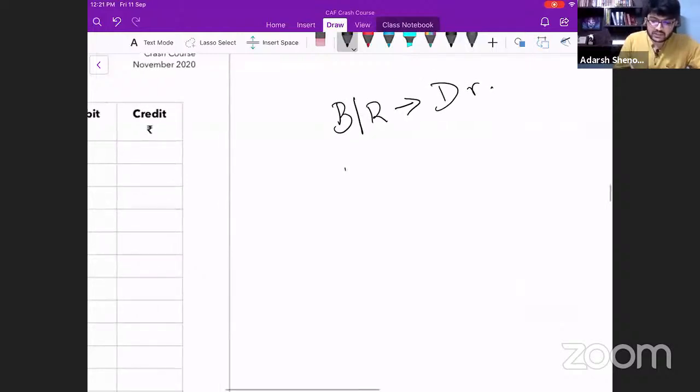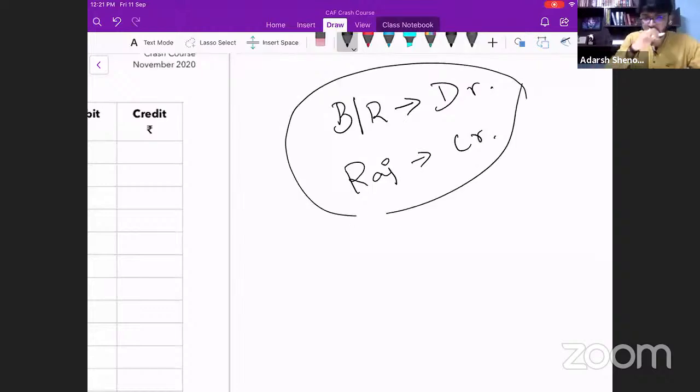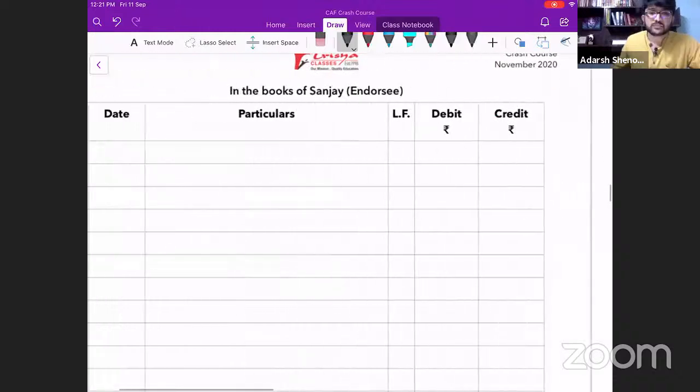Who is giving me this asset? Raj is giving me this asset. Raj is a debtor, an asset. Is my asset going down or going up? The asset is going down. When the asset is going down, we have to credit. Is that correct? So what is the entry we have to pass?